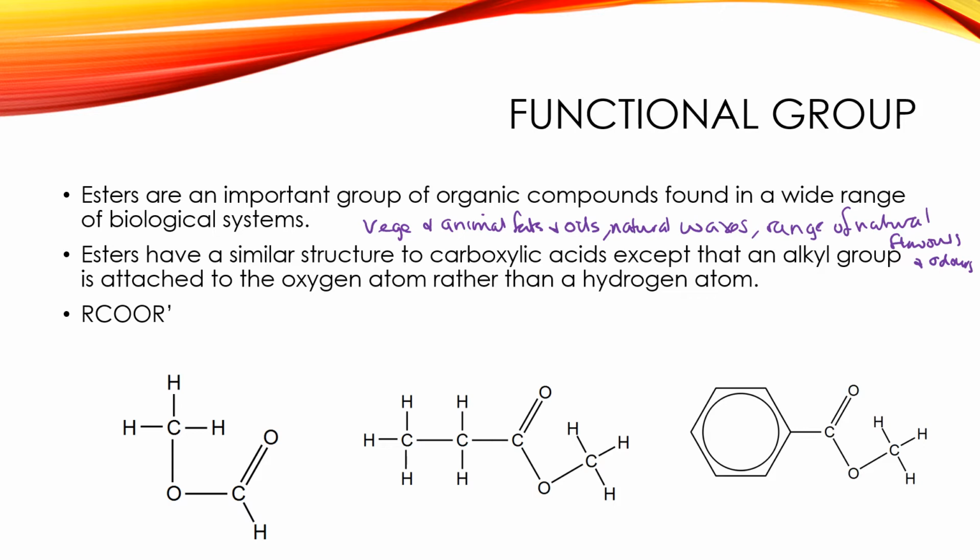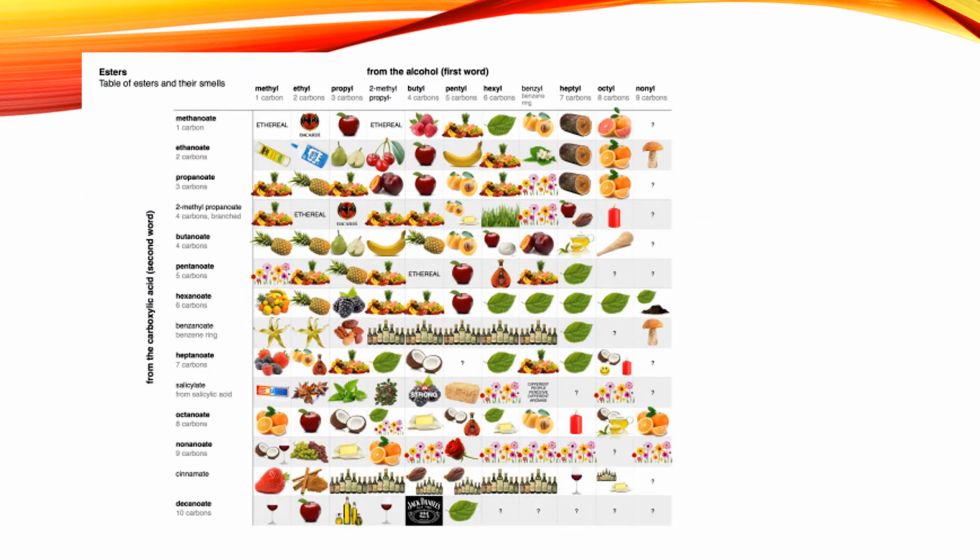This represents a very simple ester, and you can see the ester functional group, the C double bond O with an O. This picture is showing a range of different esters and their smells, and you can see that they provide a lot of the fruit fragrances that you can smell.